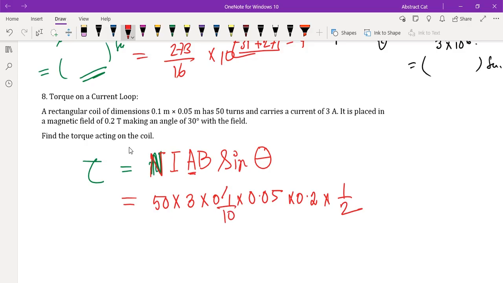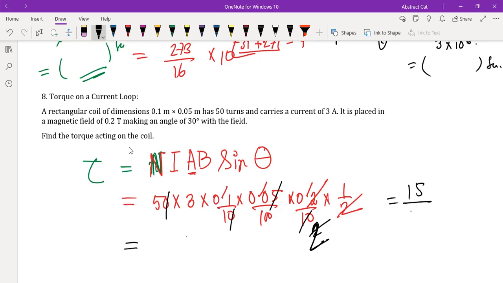First remove all the decimal place values, tens, and the 2 will cancel here, and this 0 will cancel. So 5 2s are 10, and this 2 does not cancel, there's a 2 here. So 5 times 3 is 15, 15 by 2, and this 100 is 10 to the power minus 2.